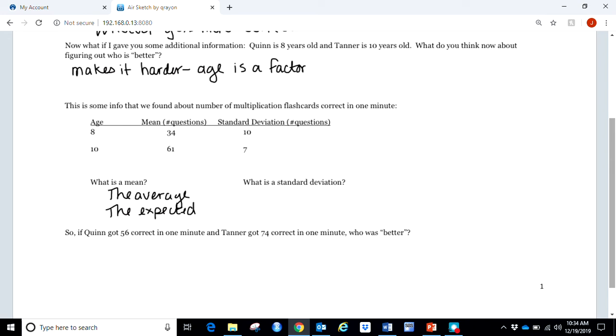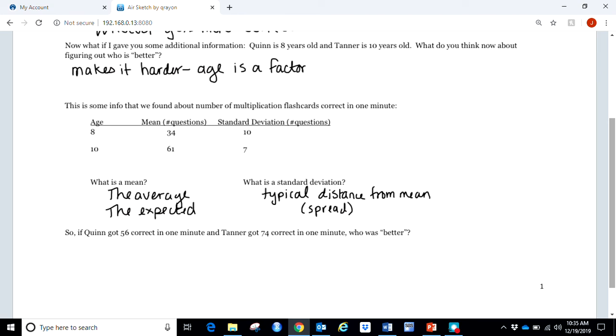Now, what is a standard deviation? A standard deviation gives us the idea of the typical distance from the mean. Now, what do I really mean by that? Well, it gives us an idea of how spread out the values are, sort of what we would give or take.